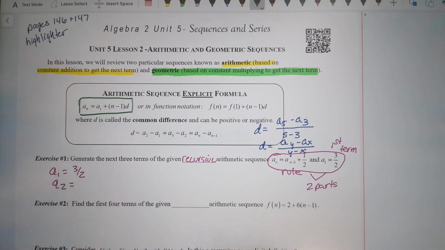What's the second? Well, again, interpreting the recursive formula into words, the current term is equal to the previous plus a half.